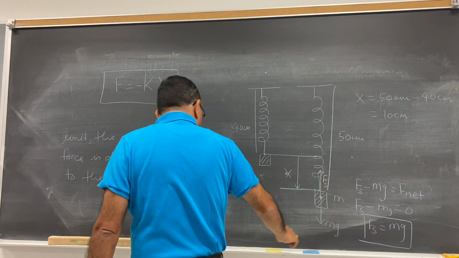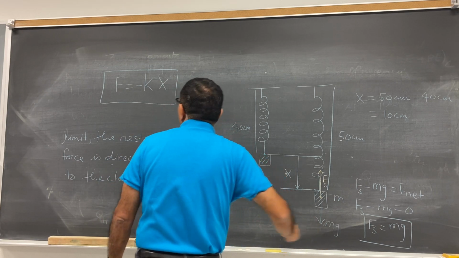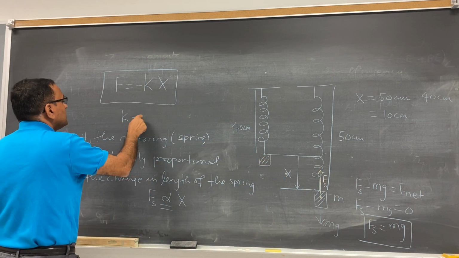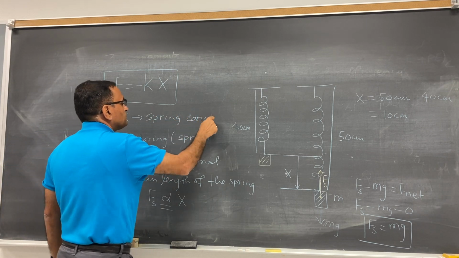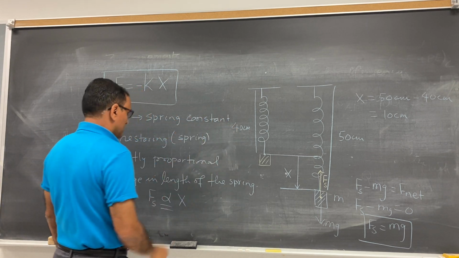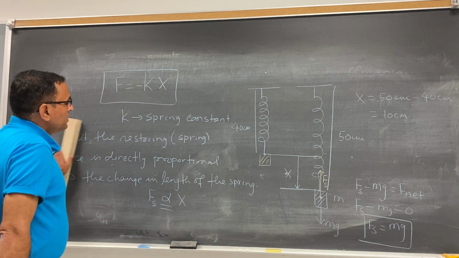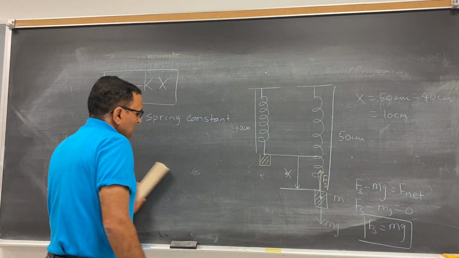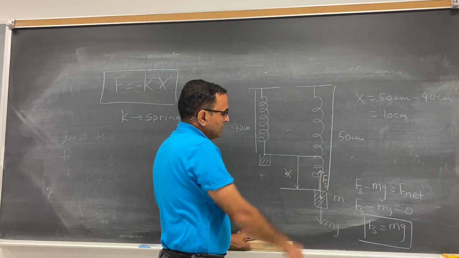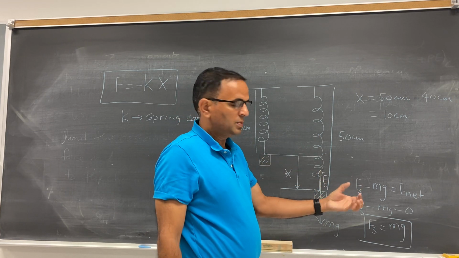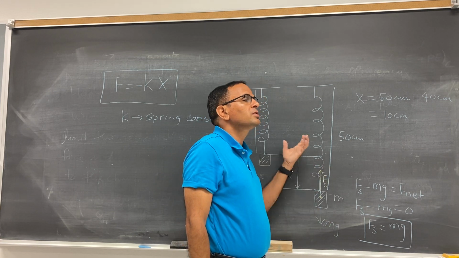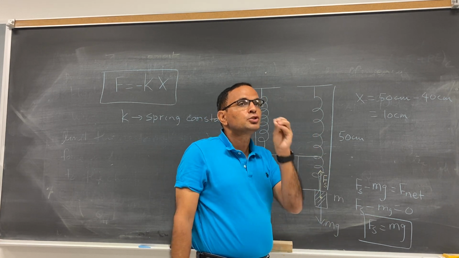And this K we call the spring constant. And if you keep the spring in this second position, the spring stores energy, because the force does some work and the spring stores some energy.